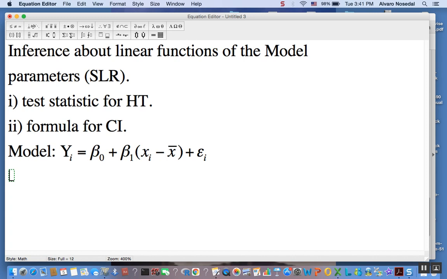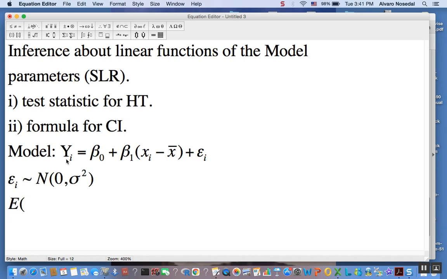Clearly, if we take the expected value, and we take into account the assumptions that we usually make about the distribution of the errors, that the errors are normally distributed with mean 0 and variance sigma square, and that they are independent, that has consequences for the distribution of the yi's.